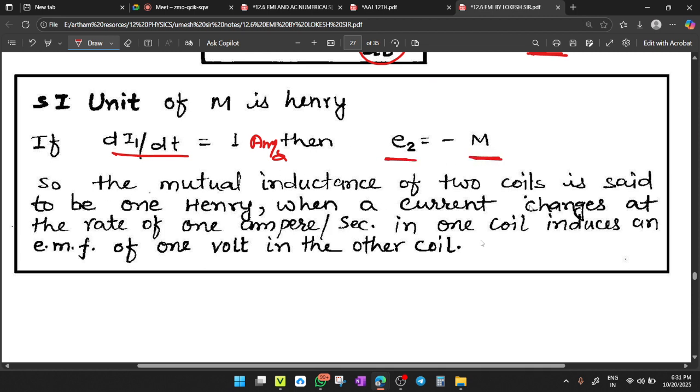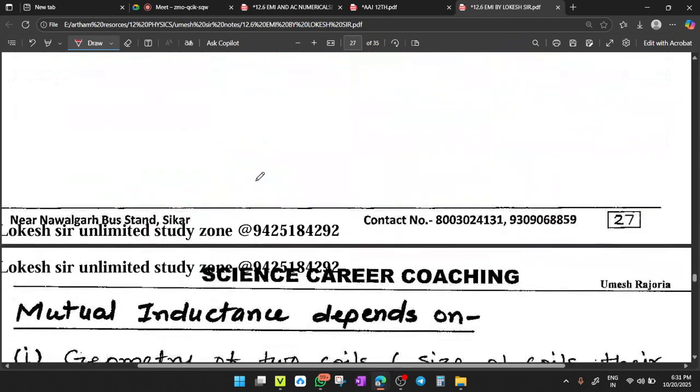So the mutual inductance of two coils is said to be 1 Henry when a current changing at a rate of 1 ampere per second in the primary coil induces an EMF equal to 1 volt in the other coil. Clear? This is the definition of 1 Henry. Why?